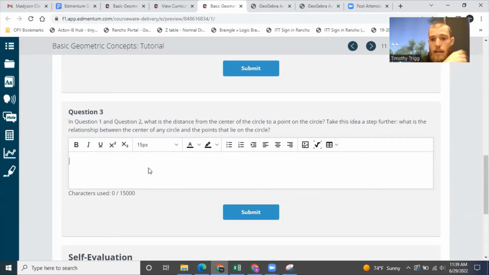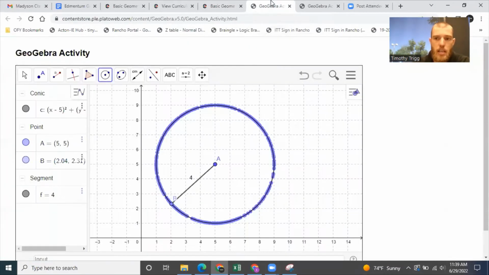Take this idea a step further. What is the relationship between the center of the circle and the points that lie on the circle? The main thing they want you to see here is that not only is the distance between A and B 4, but it doesn't matter. I can move B anywhere and that same distance will be 4. So the distance from the center of the circle to the circle itself will be 4 all the way around.